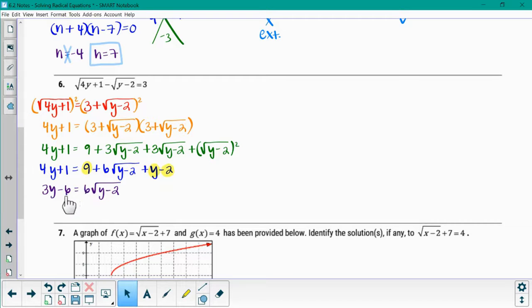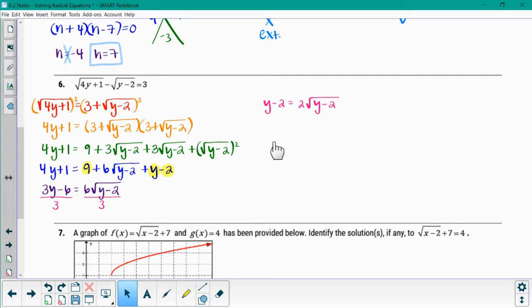And the only number that all three of these terms have in common is 3. So I'm going to go ahead and divide by 3 on both sides of the equation. This is not a necessary step. You can absolutely FOIL with larger numbers. It just makes life a little bit easier because this becomes y minus 2, and I'm only dealing with a coefficient of 2 on the right-hand side.